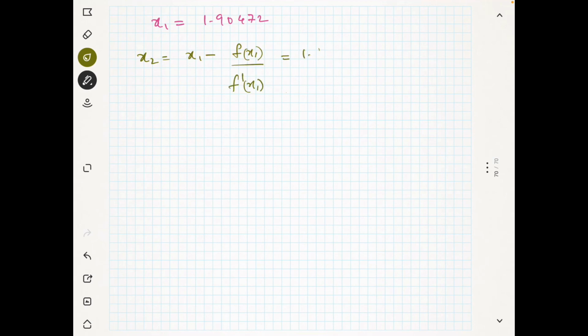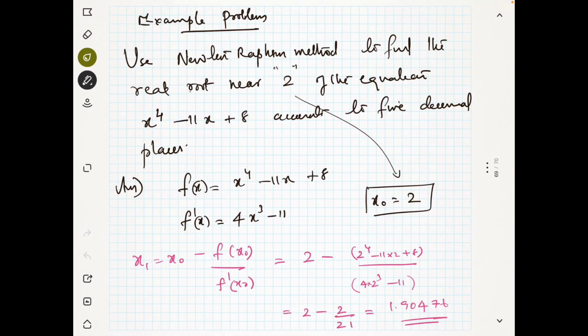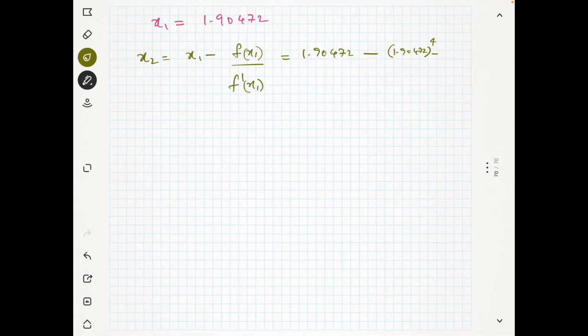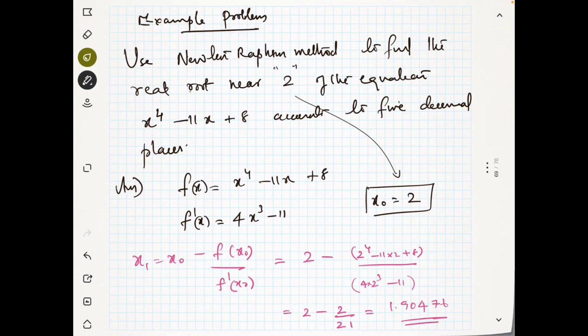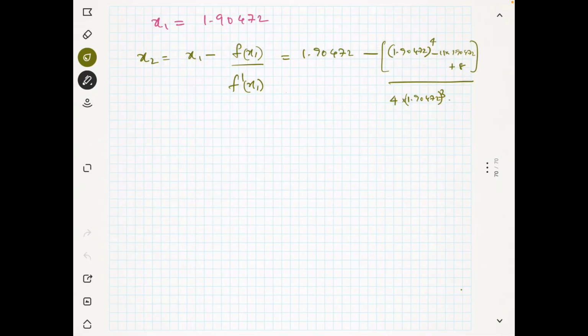So this is 1.90472 minus f of x1, which is just substituting in the equation: 1.90472 to the power 4 minus 11 into 1.90472 plus 8, divided by f dash, that means 4 into 1.90472 the whole cube minus 11, because it is 4x cube, then minus 11.